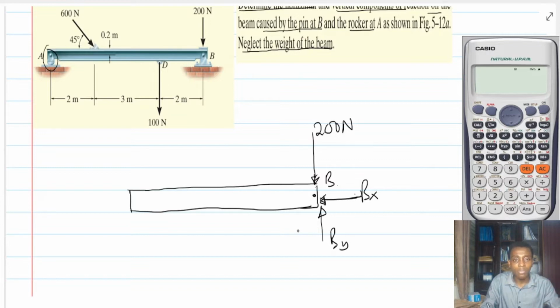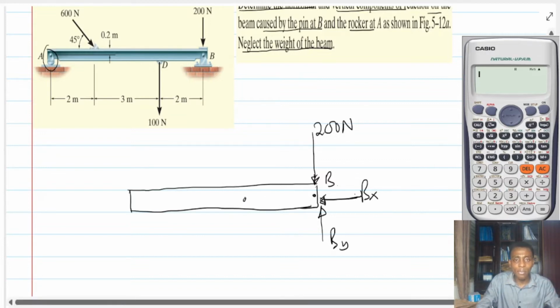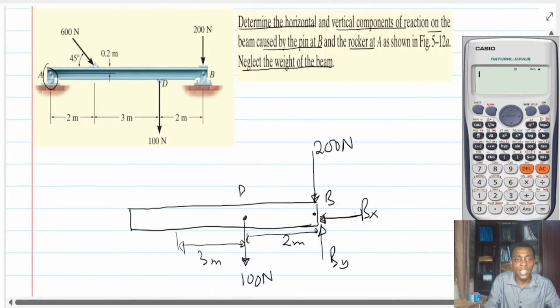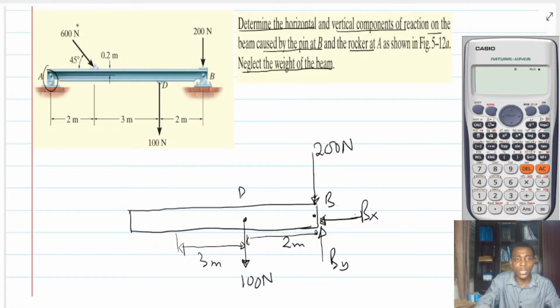Okay. Now at the point D over here, which is 2 meters away from this point, what do you have? You have a 100 newton force coming vertically downwards. Then at a certain distance, let's say 3 meters away from the 100 newton force, you have this force right here, which is a 600 newton force at an angle of 45.